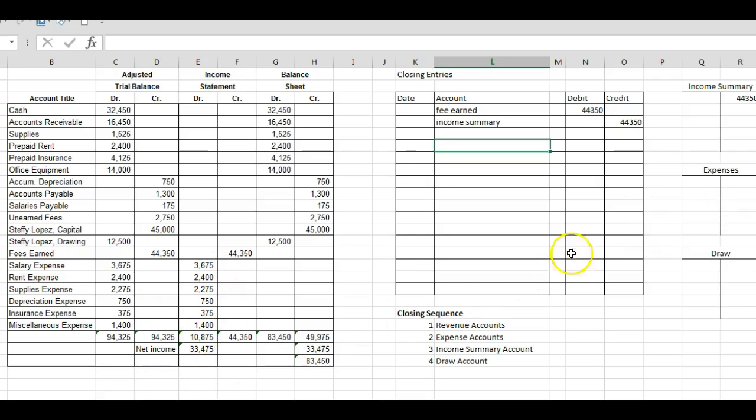So to empty those and make them all zero, I need to credit them for $10,875. So my expense accounts are going to be credited for $10,875. This means the income summary will be debited for $10,875.